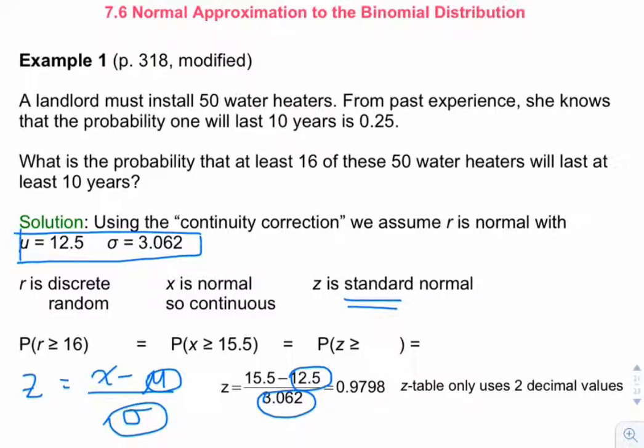So when we plug in 15.5 for x and this mu and sigma, we have 0.9798. Our z-table only uses 2 decimal values, so let's change that to 0.98.